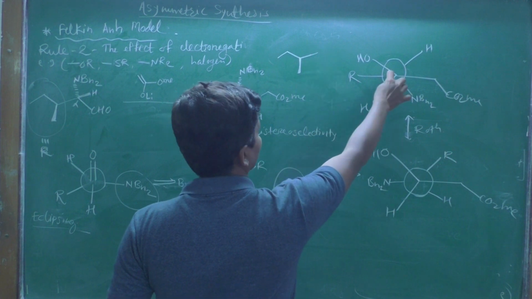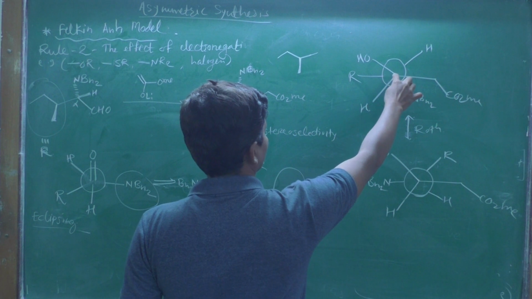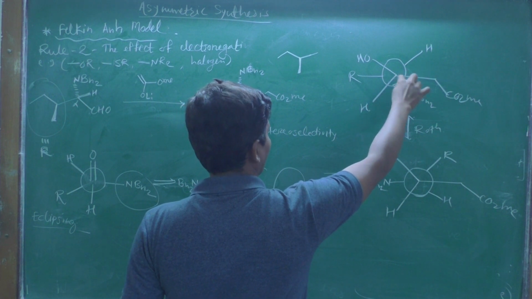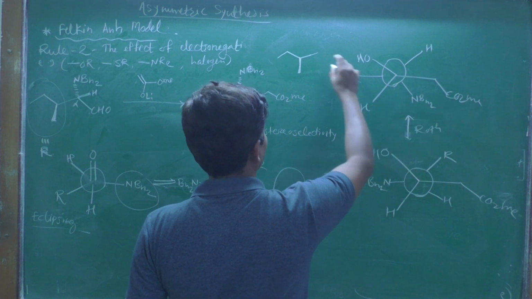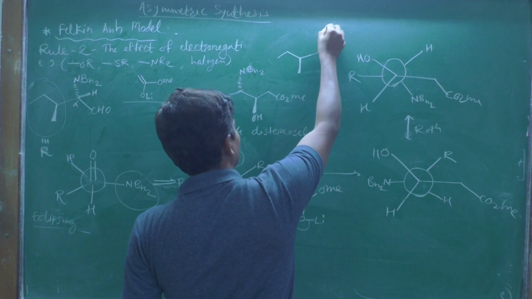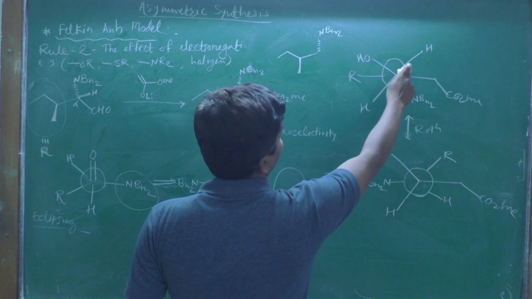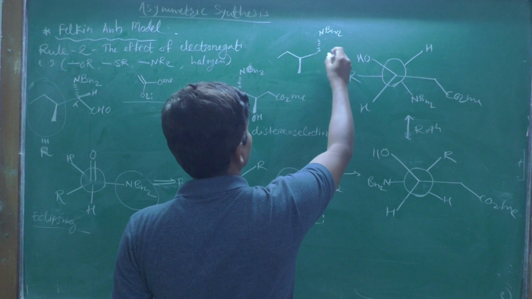The alpha carbon atom is having an N-dibenzyl group below the plane. So this is below the plane, that's why NBn2. Here hydrogen is above the plane, no need to write it.